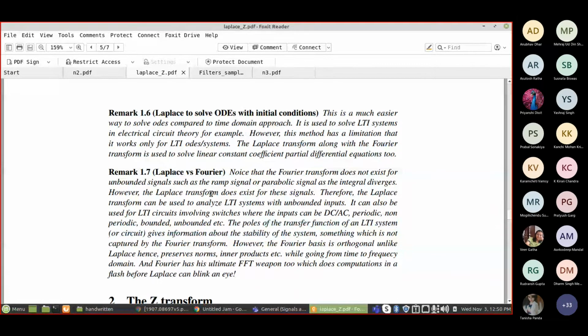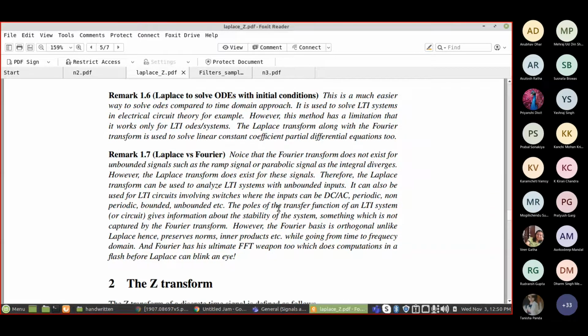So that's when Laplace thinks he has got Fourier and there is nothing Fourier can do now, but that's when Fourier comes up with his FFT and Laplace is left in the dust and Fourier wins hands down. So that's my version.